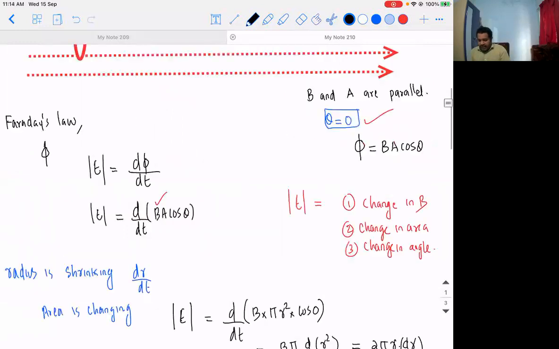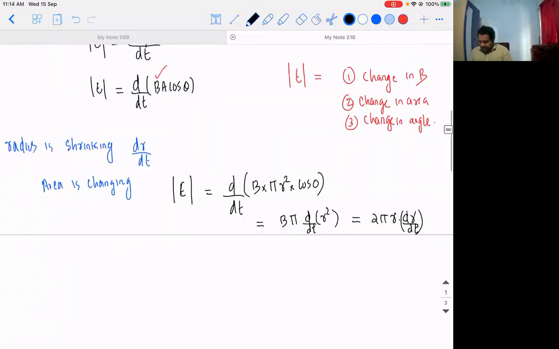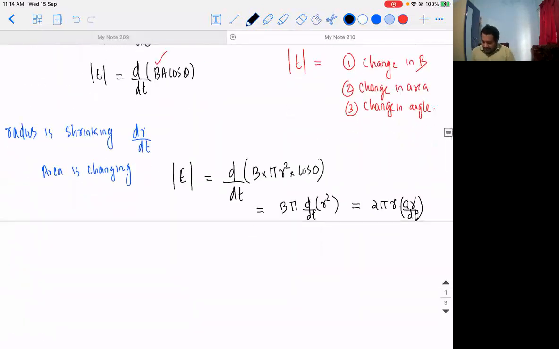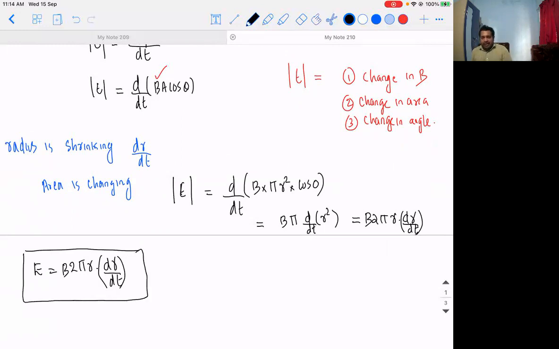It is given that dr by dt is the shrinking rate. So the magnitude of the induced EMF is equal to 2 pi r multiplied by dr by dt, and I missed the B part. So B is the magnitude of the magnetic induction.